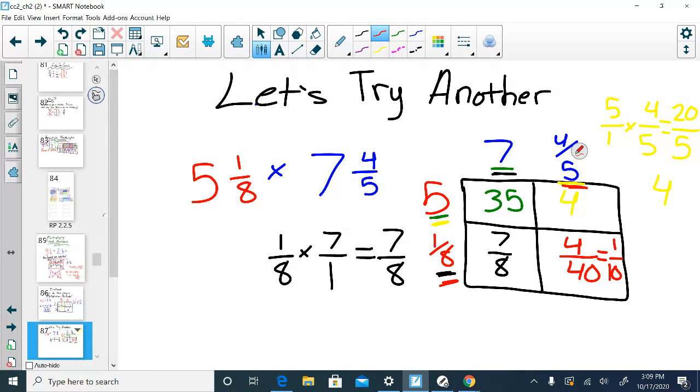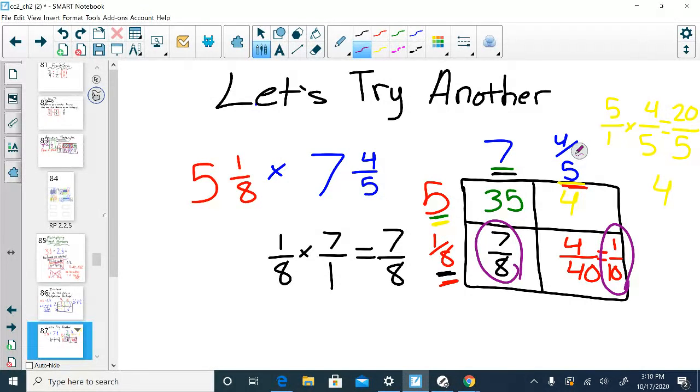Okay, so now I'm going to add these all together. But I notice that I don't really have a common denominator right now for these two fractions, 7/8 and 1/10. So is there something that both 8 and 10 both go into? Well, they both go into 40, don't they?